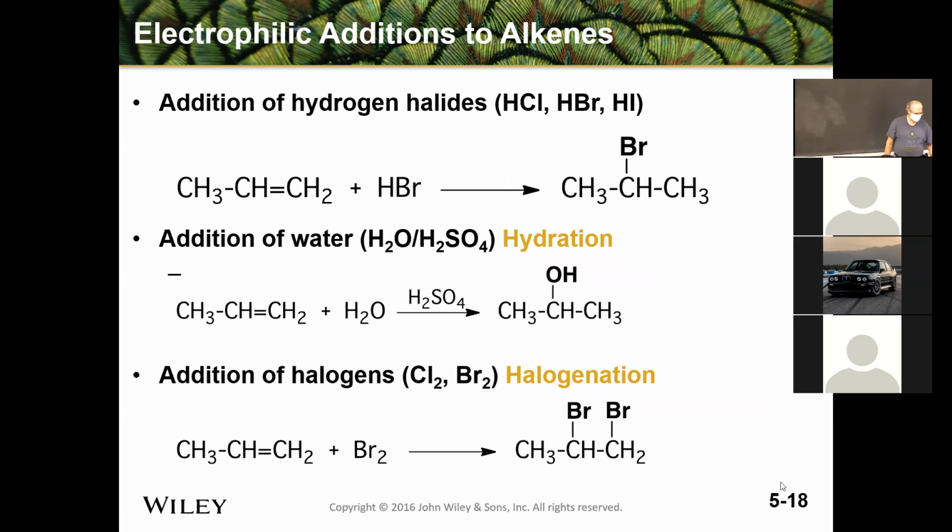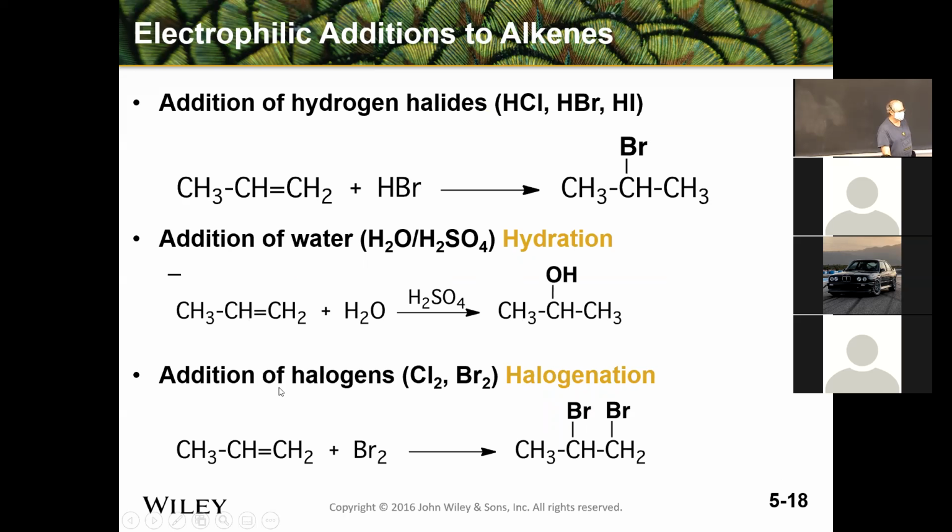So these are the reactions that we looked at right at the beginning. And we're also going to look at the mechanisms, the steps involved in each one of these. Notice the first bullet point here.